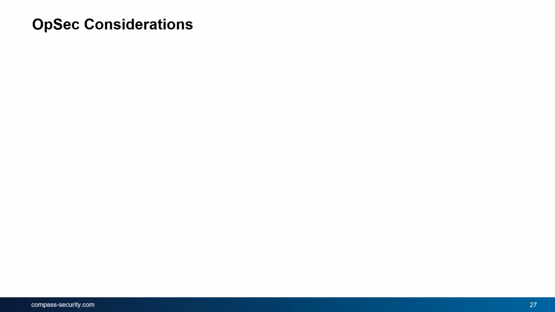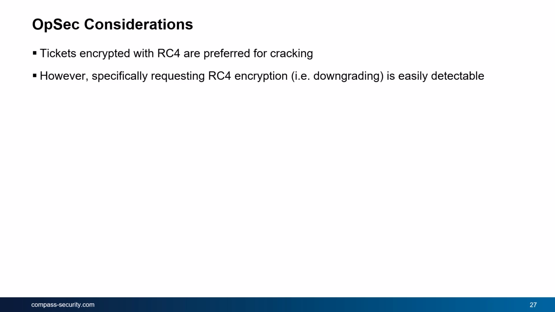So OpSec consideration wise, we have already learned that tickets encrypted with RC4 are preferred for cracking, as it is much more efficient. But to specifically request RC4 encryption on tickets, so performing this downgrading attack, is quite easily detectable because it's an outlier or an anomaly. Normally our modern Windows clients will not do that.